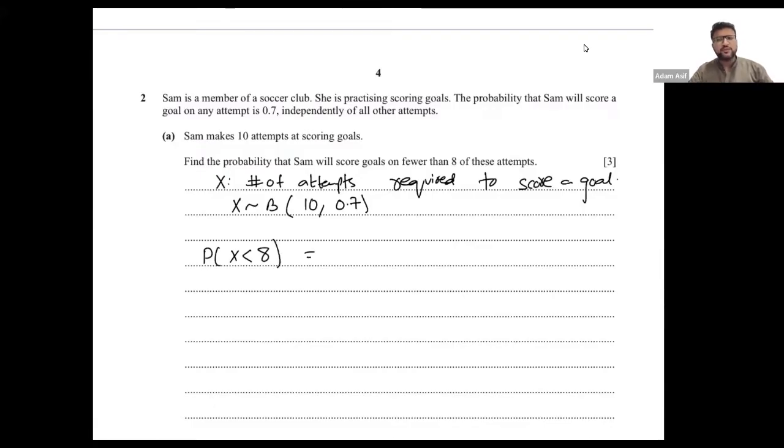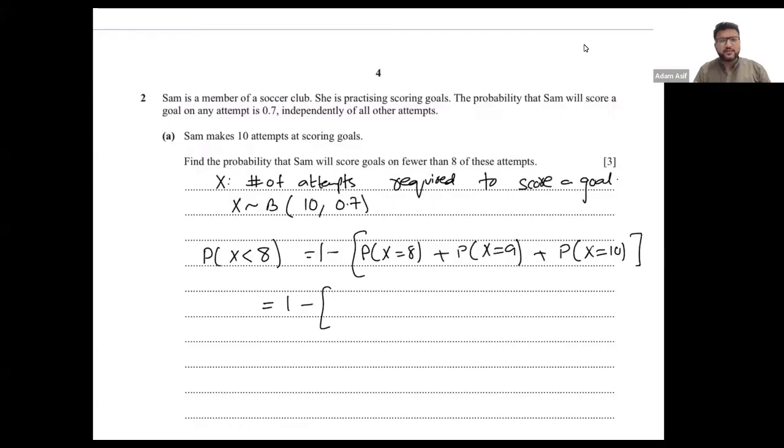Now, fewer than 8 means 0, 1, 2, 3, 4, 5, up till 7. Now, instead of calculating all these probabilities, what you could have done is find the probability of 8, 9, and 10, and subtract this from the total, which is 1. Total probability is 1.